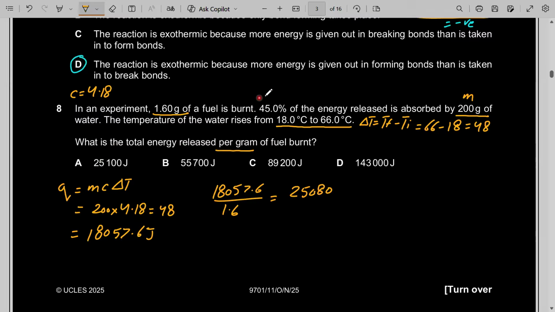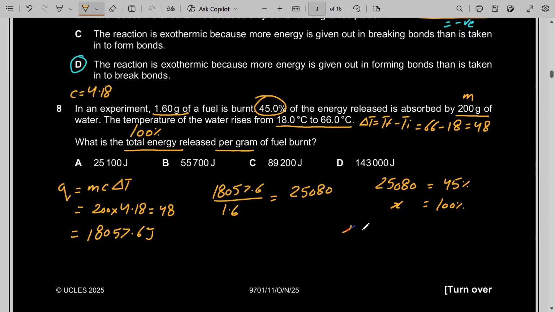Because it says that only 45% of the energy is released. How much is the total energy released? We need to convert the value for 100%. So just do the simple ratio method. 25080 amount of energy was released when it was just 45%. How much energy X will be released when 100% of the energy is released?